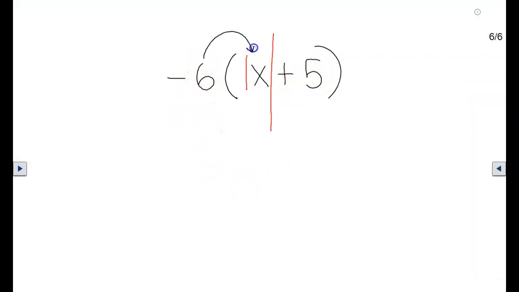So -6 times 1x. -6 times 1 is -6. Reattach x. And then -6 times positive 5 is -30. So we write -30 because it's -30. So -6x minus 30 should be your answer.